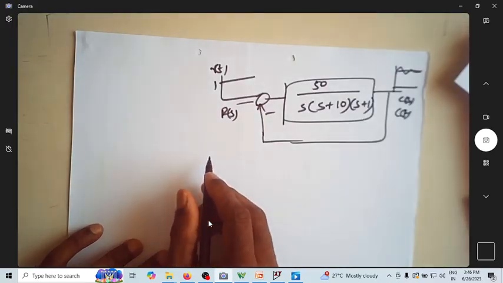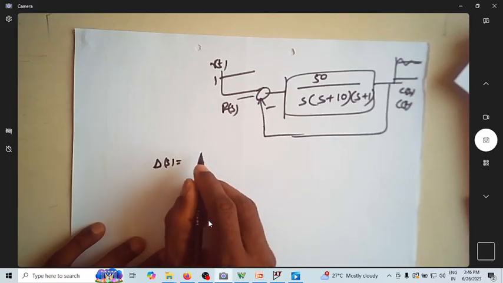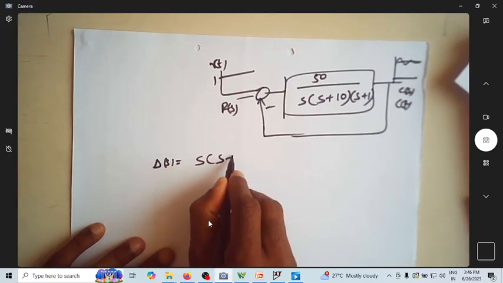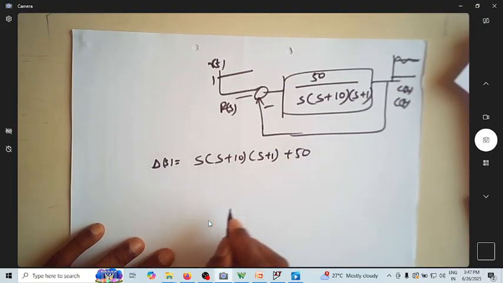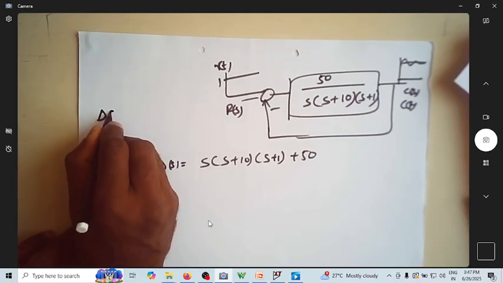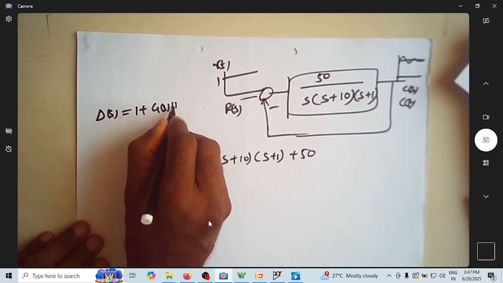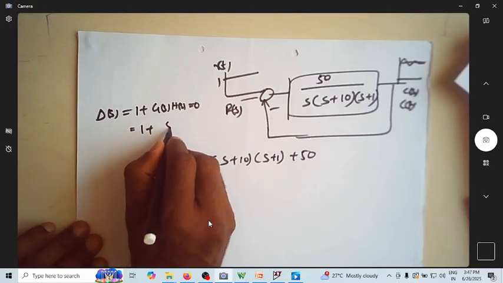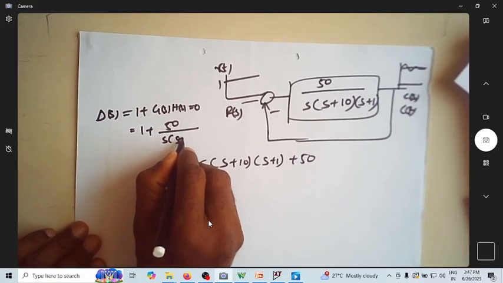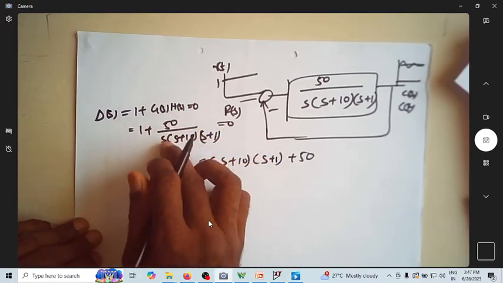So this third order system will have del of s, the characteristic equation, as s into s plus 10, s plus 1, plus 50. Correct? Because del of s is nothing but 1 plus g of s into h of s equal to 0. It's like 1 plus 50 by s into s plus 10 into s plus 1 equal to 0.